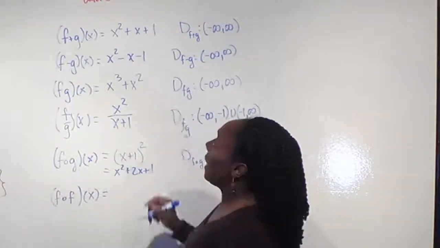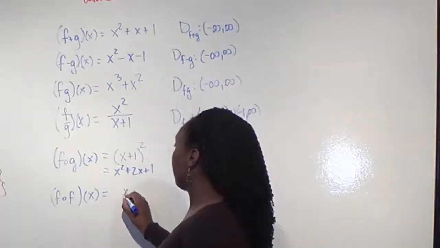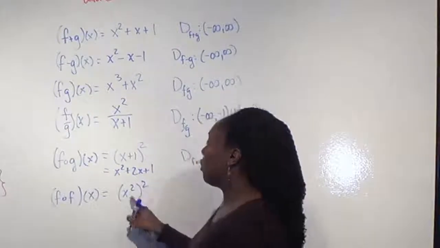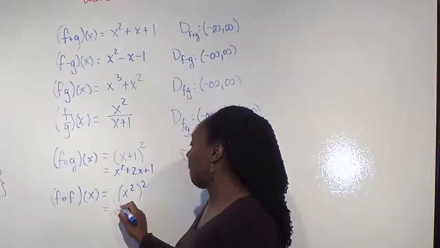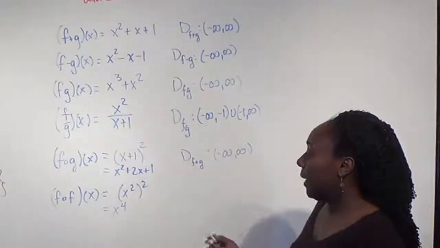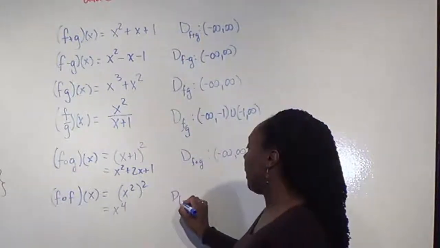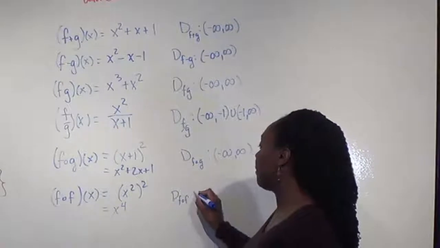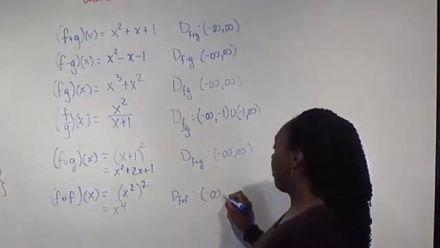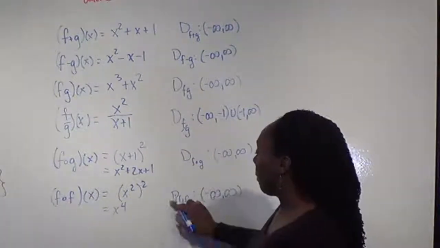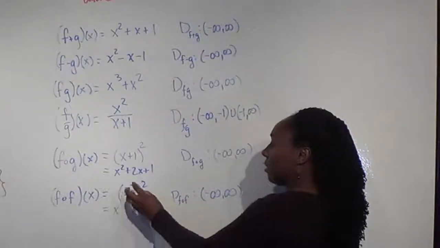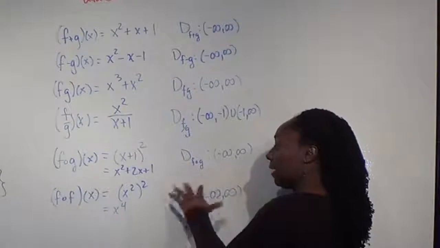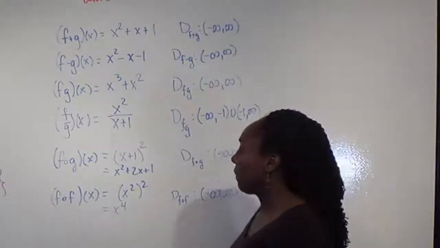Okay? So I'm going to take x squared and square it. And again, here we can see the domain of f composed with f is going to be all real numbers. It does not matter what I plug in to the x here, I can get a real number out, and it doesn't matter what I plug in there, I'm going to get a real number out.